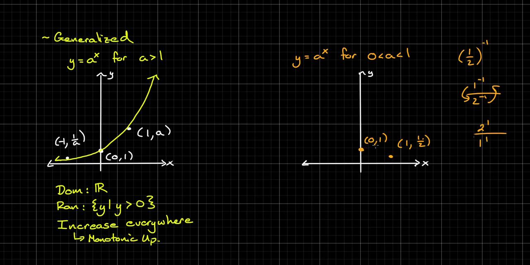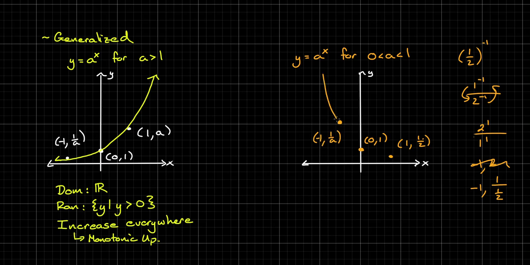And I see that I would get (-1, 2). Now, it's ugly to see it, but that's the same thing as saying I would have gotten -1 and 1 over 1/2. If I go to -1, I get 1 over a, which because of our choice of a becomes a larger number.